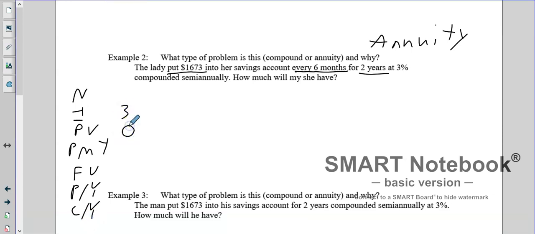Present value, 0. The payment we're putting in is $1,673. Future value, we don't know. PY and CY, okay, those are going to be the same thing. We're doing it every 6 months. That's twice a year, okay, for 2 years. So that gives us number up here, 2 times 2.